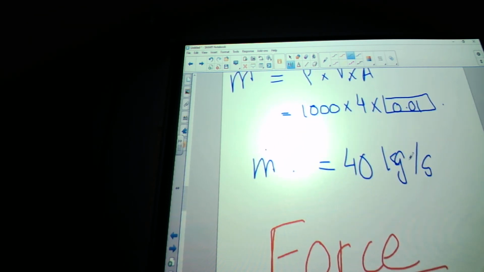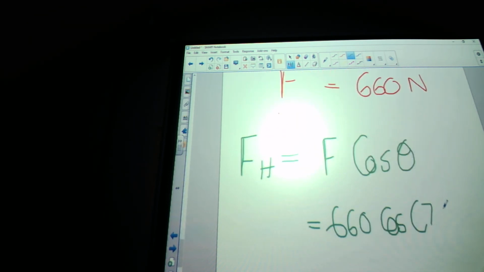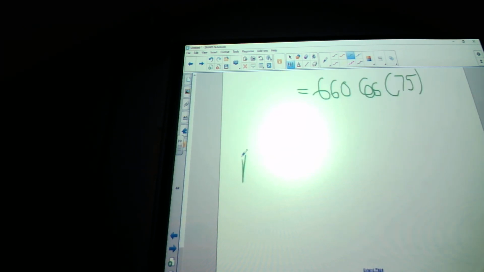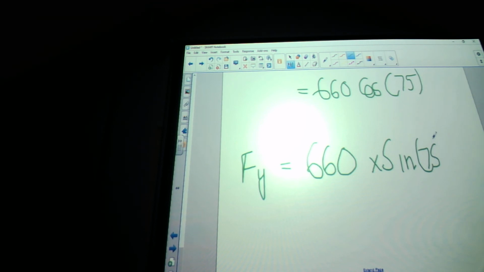Yeah, I just rounded it off, so you can just put the right value. And the Fy is going to be 660 multiplied by sine 75. And that will give you the answer in newtons. And that's it. Let me save that one.